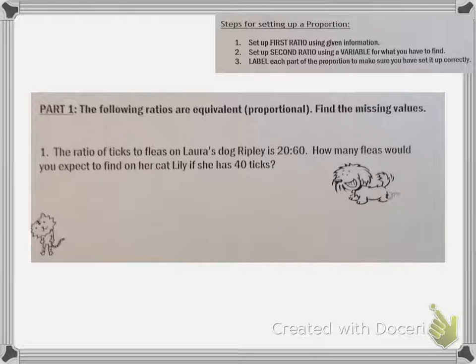Find the missing values. The ratio of ticks to fleas on Laura's dog Ripley is 20 to 60. How many fleas would you expect to find on her cat Lily if she has 40 ticks?